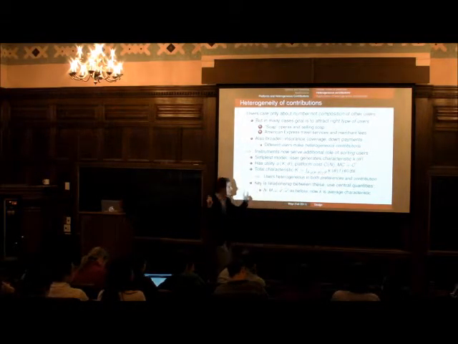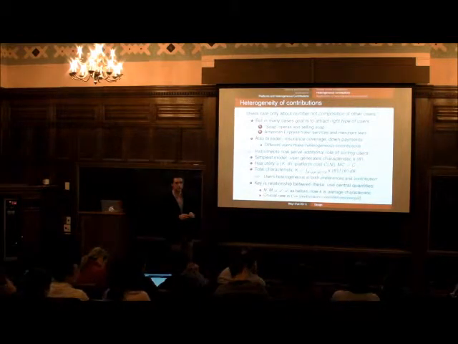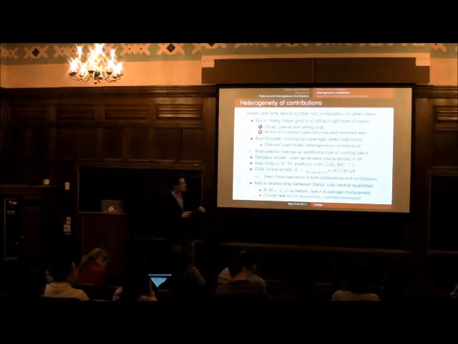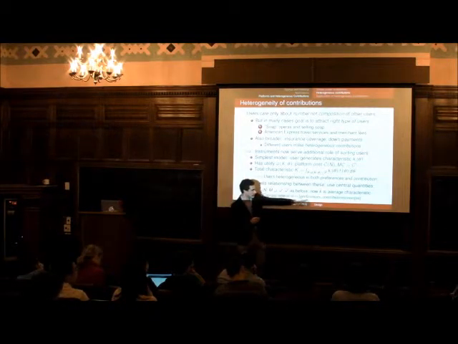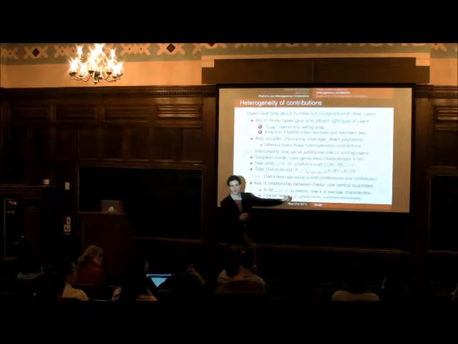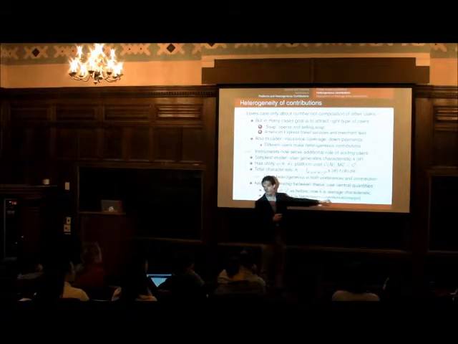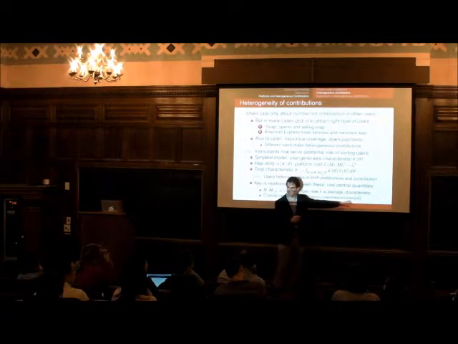But there's going to be a key new quantity, which is the covariance between preferences, and I'll be more precise about what I mean, and contributions that people make along the margin.